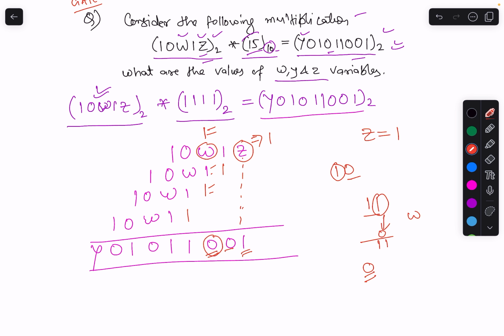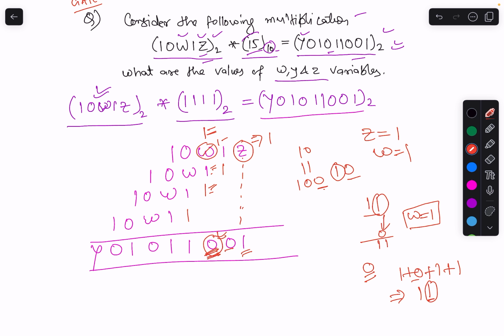So that means w is definitely 1, because if w is equal to 1, then we will have 1 plus 110 plus 111 plus 1100, and here we are getting this 0, which means w is 1 here, because if we put w equal to 0, it will be 1 plus 0 plus 1 plus 1, that means 11, but here this 1 should be here if w is equal to 0, but here we have this 0, that means w is 1 only.